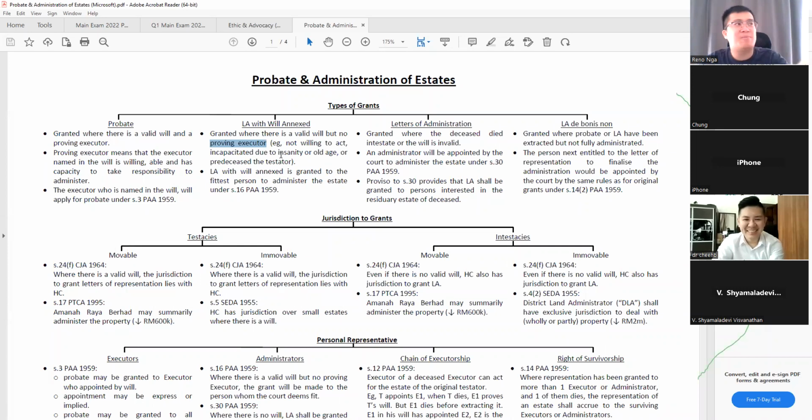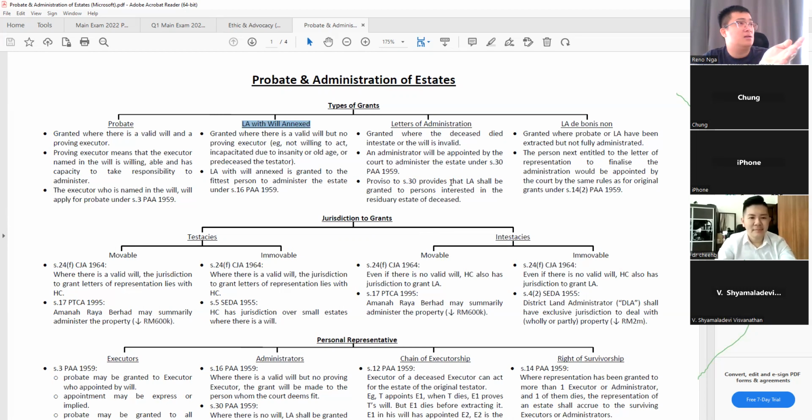So when the executor is not willing to act, or is incapacitated due to insanity or old age, maybe Dr. Chi is older than me so he cannot conduct this, in that case, although you have a will, it is called LA with will annexed. Like the title suggests, it is LA, but we have a will. So this is the second type.